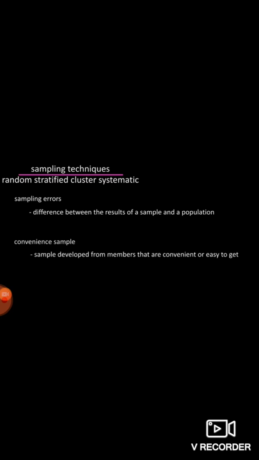Sometimes judgment sampling is also there, or quota sampling. In judgment sampling, the investigator uses his own experience and his knowledge about the population, and accordingly he selects the data. And what about quota sampling?